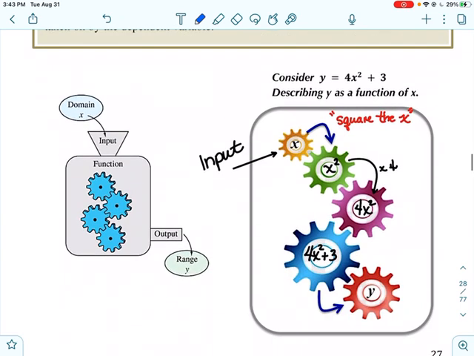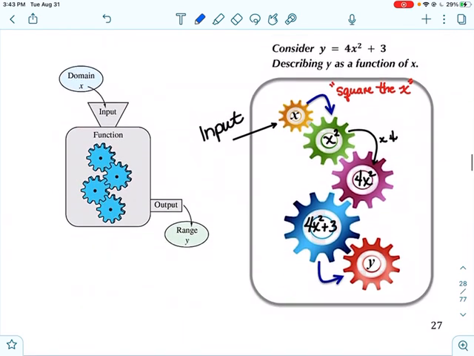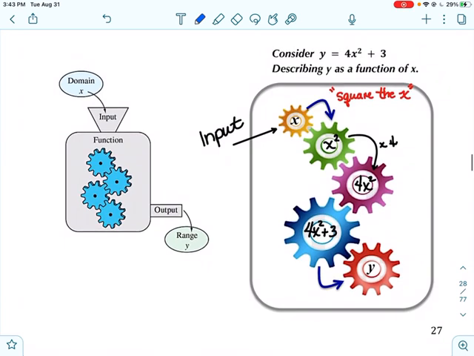You often see function machines, where the domain goes in as the input, some kind of operation is done inside the machine, and the output is y.